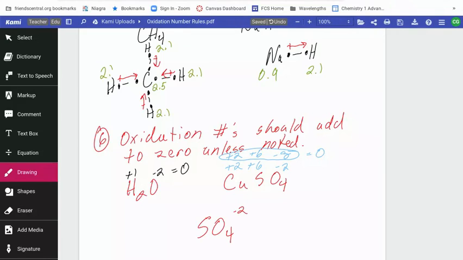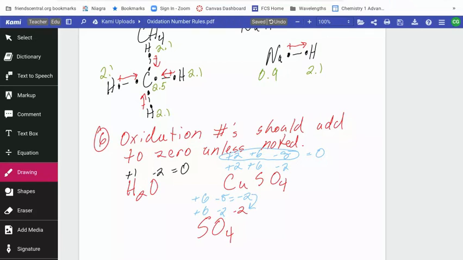So that means that the totals better add to -2 in this case. So let's do it again. We already saw that each of these oxygens are -2 for a total of -8. The sulfur is going to be a +6. And of course, they better add up to -2, because that's what this charge is telling me.